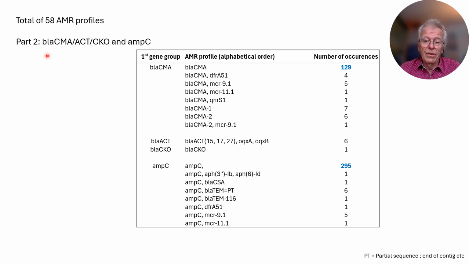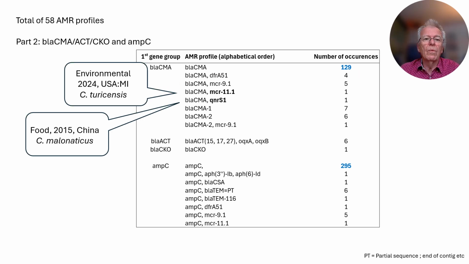Moving on with other varieties of the BLA beta-lactamase resistance genes, with BLA CMA far less than the CSA ones, 129. We did have a MCR 11.1.